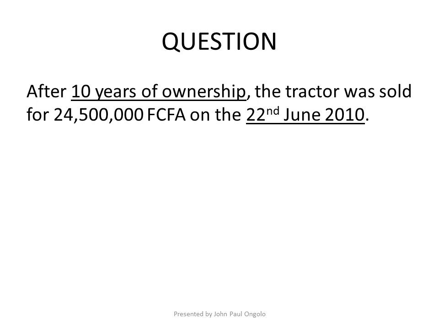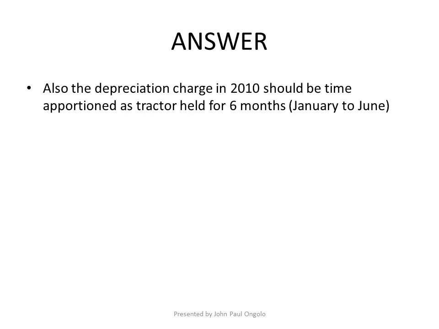So we have to determine the number of months of ownership in the year 2010 before the asset was disposed of. To determine the number of months of ownership, we see that from the 1st of January to the 1st of July, we have a period of 6 months.